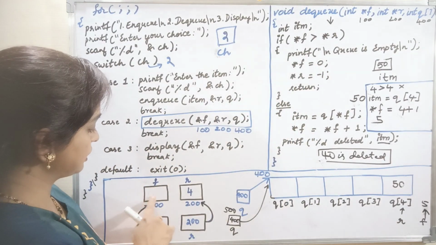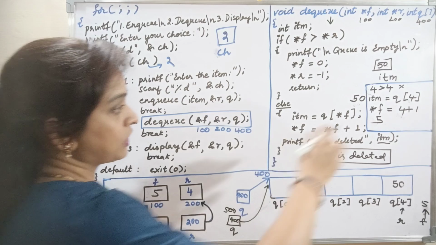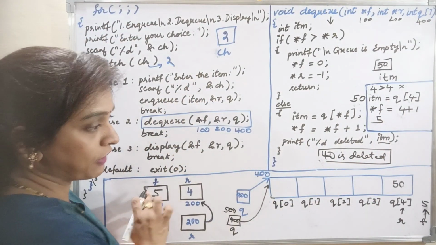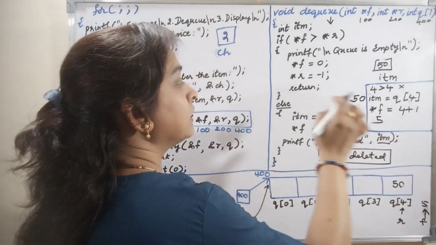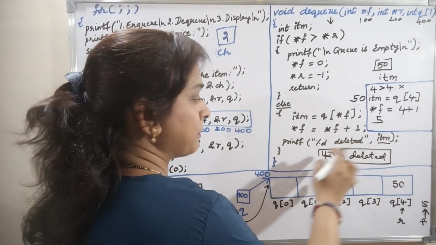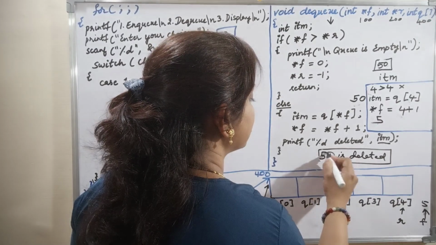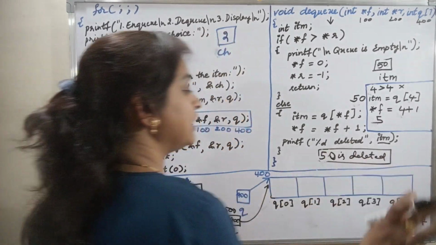So I need to change this. F value has to be changed to 5. So F is pointing to 5. Then I will get a message saying that that item is dequeued. 50 is dequeued.